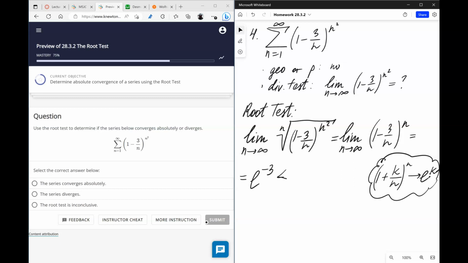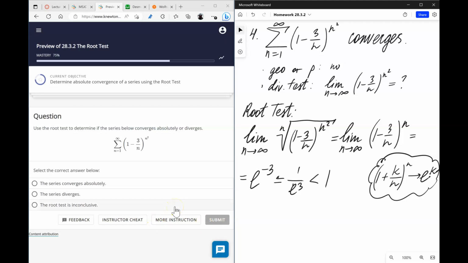And that is less than 1, because it is the same as 1 over e to the power 3, which is definitely less than 1. So we would say that this series converges absolutely.